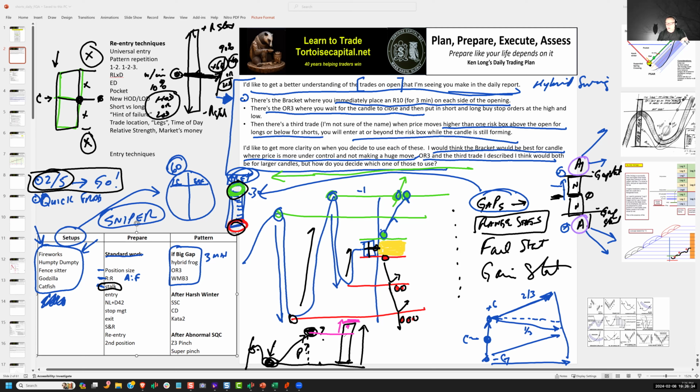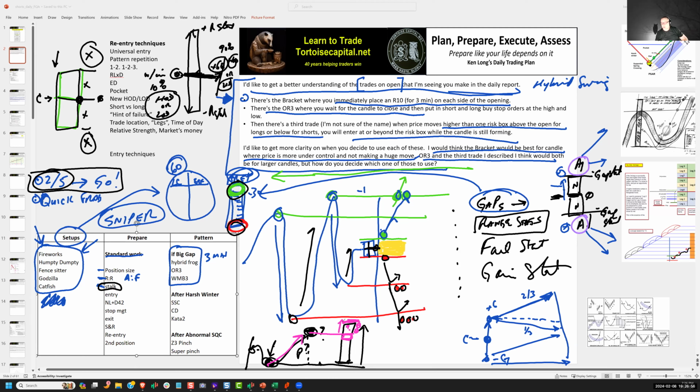Is there enough room in here for me to have a 1R risk box and 2-to-1 reward boxes? Maybe this thing has moved so far up the stack that I've run out of maximum reasonable move, in which case I can't take that trade.